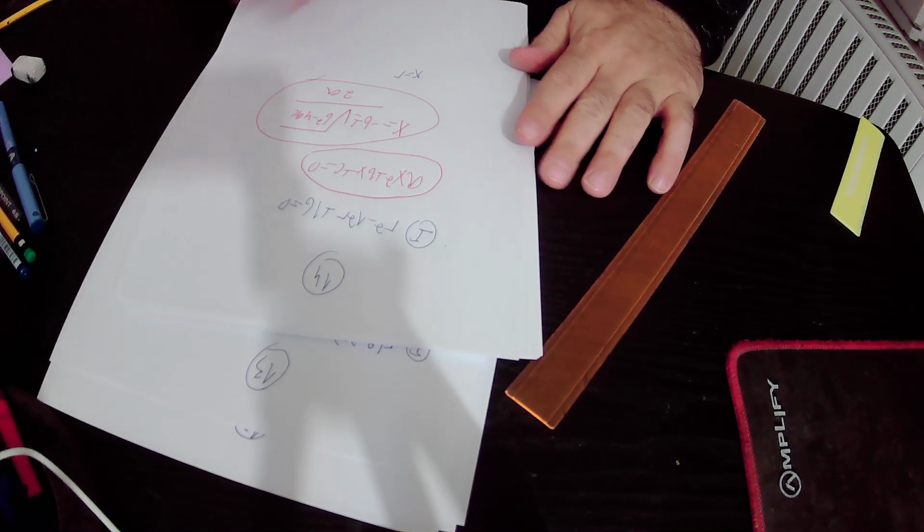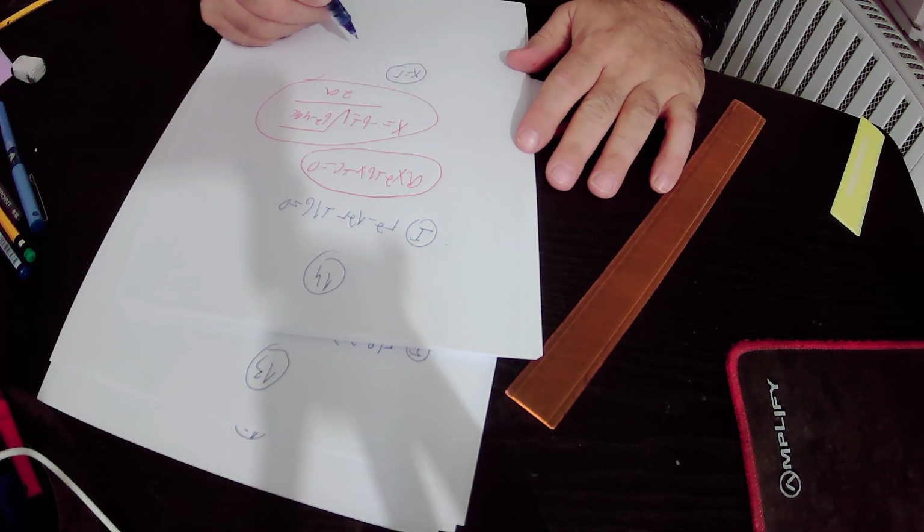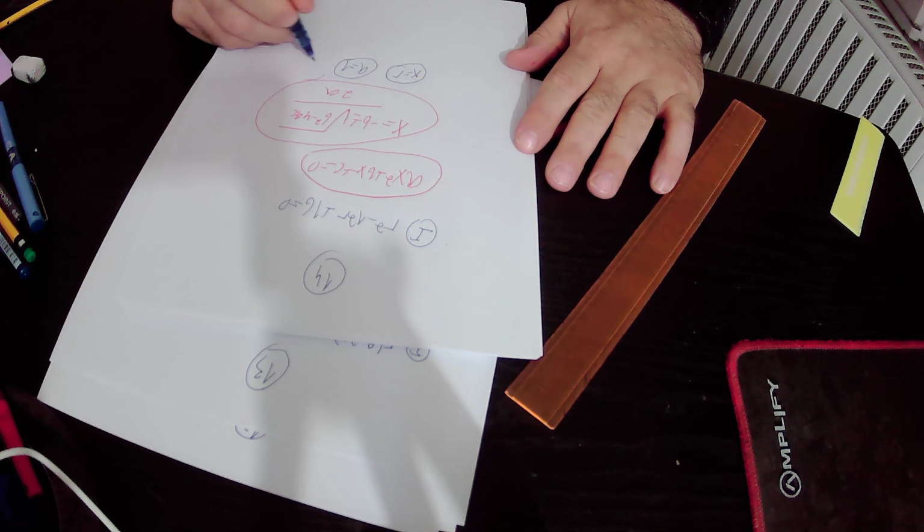The coefficients a, b, and c are as follows: A equals to 1, B equals to minus 12, and C equals to 16.